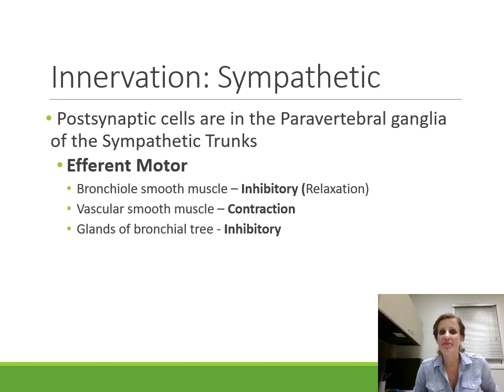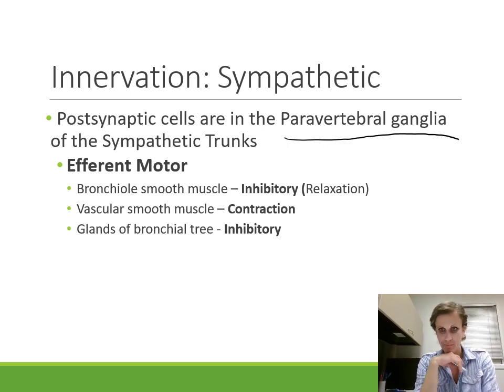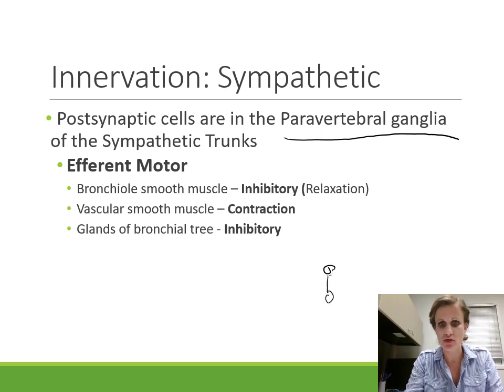When we look at the sympathetic nervous system, sympathetic innervation of the lungs, the presynaptic cell, again, is in the central nervous system. The postsynaptic cells are in the paravertebral ganglia. Remember when we looked at the sympathetic nervous system, we said on either side of the vertebral column, we had what we called sympathetic trunks, right?